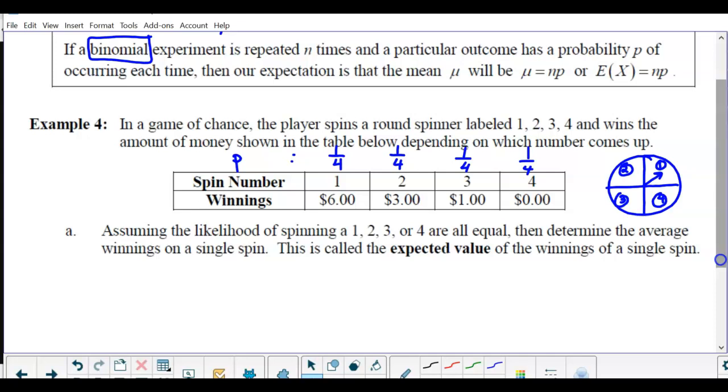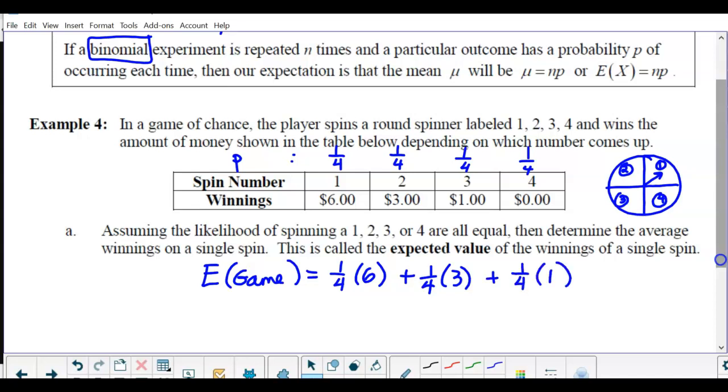So the probability of spinning a 1 is 1/4. If you do that, you win $6. So the expected value of the game will be 1/4 times 6, plus the probability of spinning a 2, where you win $3, spinning a 3, where you win $1, and spinning a 4, where you win 0.